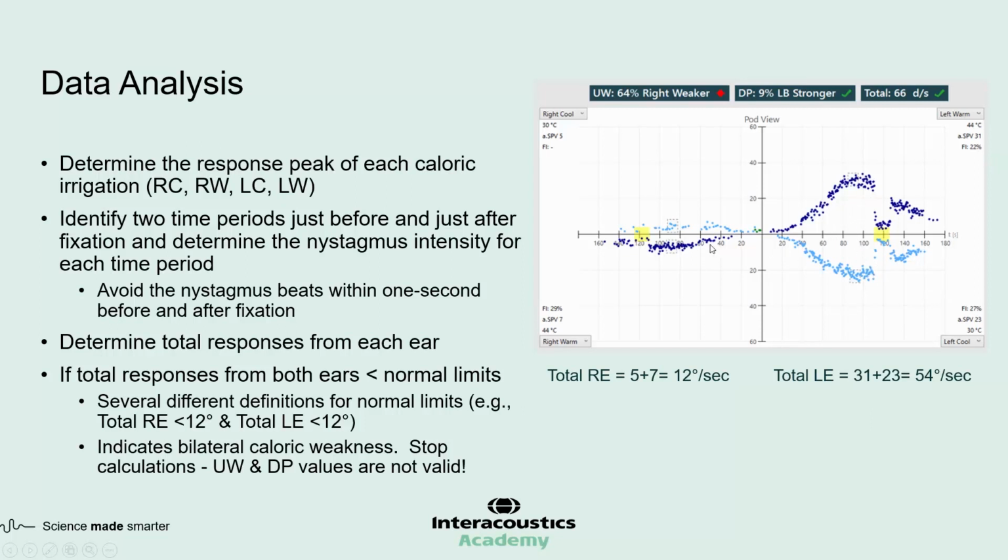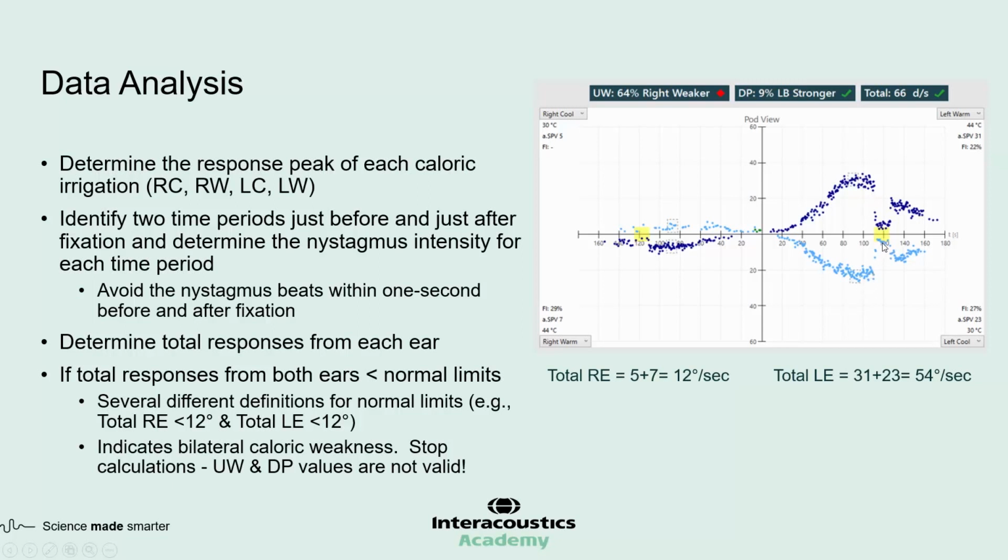In this patient, because of the unilateral weakness that we'll discuss in a minute, the nystagmus intensity for one ear versus the other is quite different. So if you try to compare the fixation suppression for right warm and left warm, because the starting nystagmus is very different, it's not a fair comparison. In this case, you can use the left cool and left warm because they have about the same level of intensity of nystagmus right before fixation.